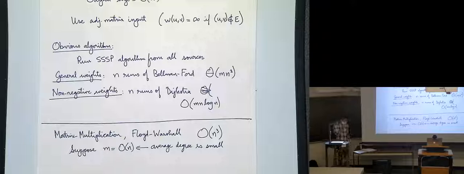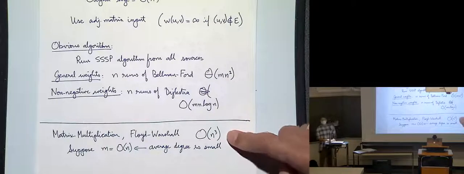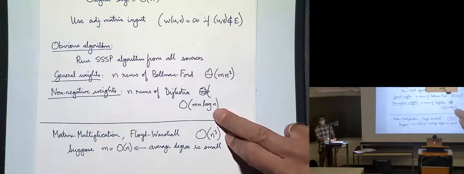If you pick a usual Twitter network or a Facebook network, there are a few billion vertices, or maybe many hundreds of millions, and the average degree is maybe about 10, 20, maybe about 100 at most. And so n cubed is too much. Mn log n looks much better.